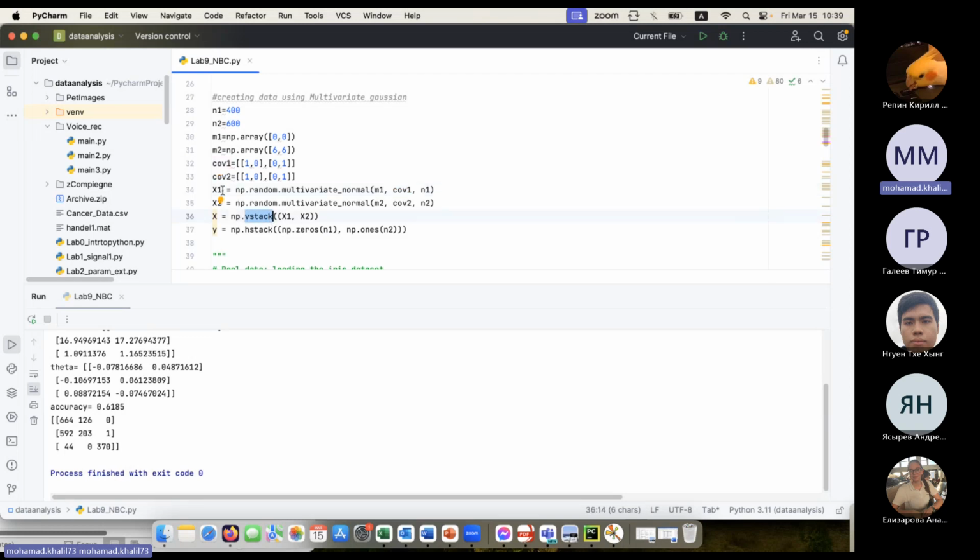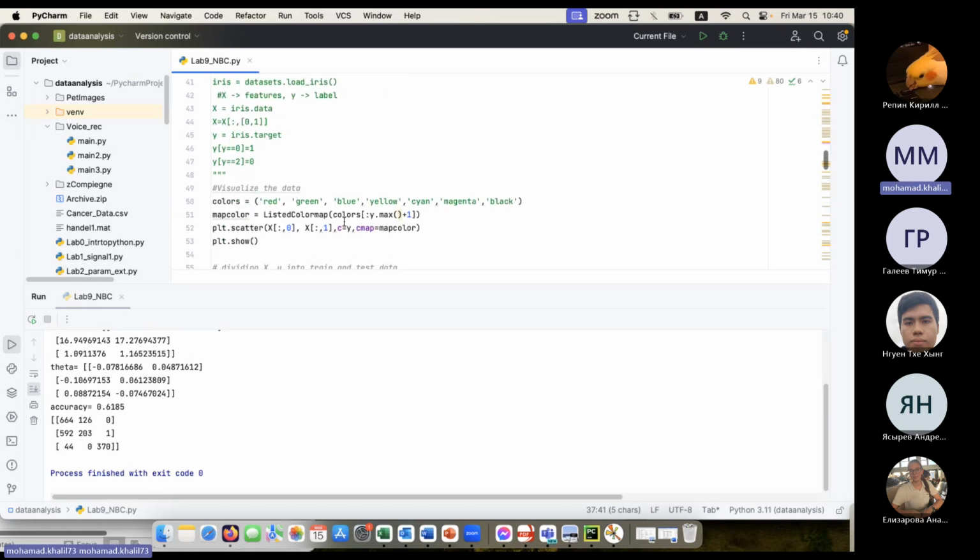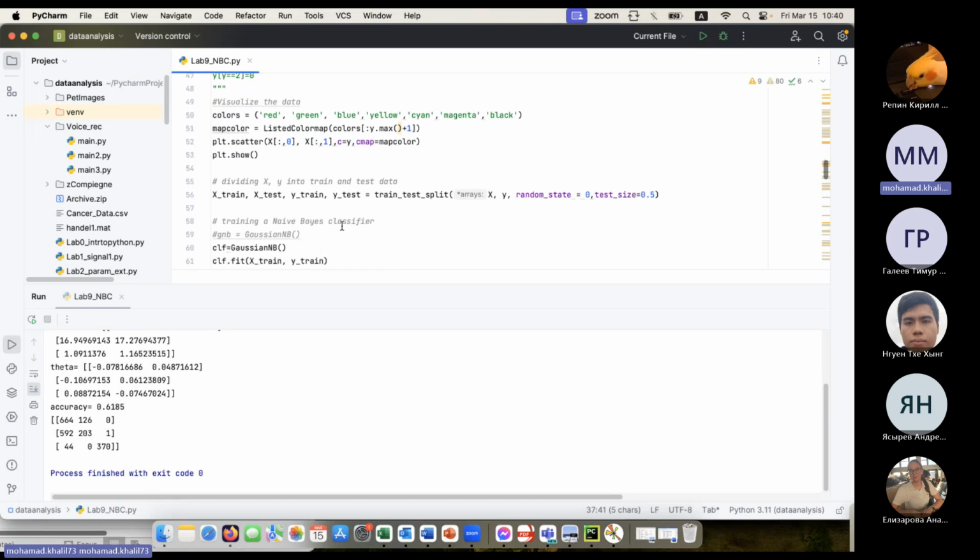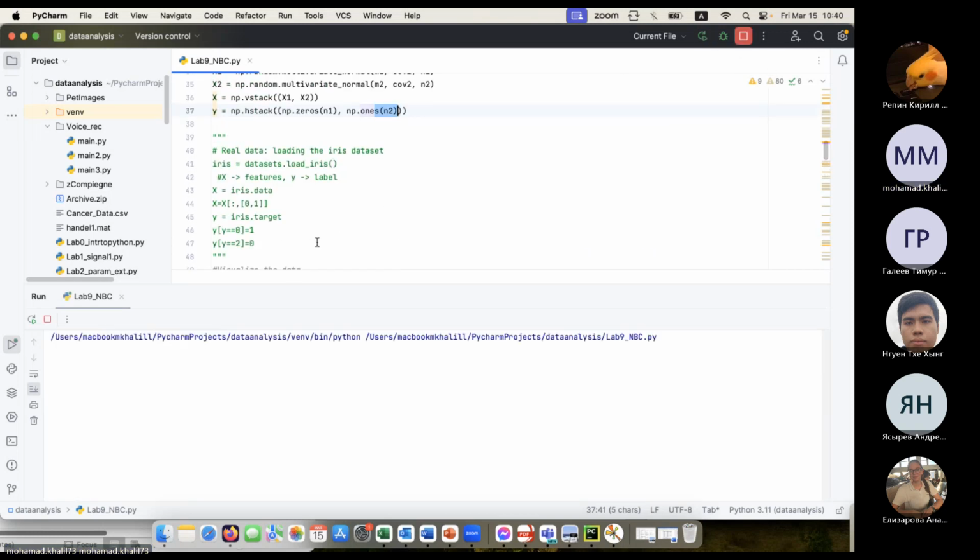That means I want to put x1 and x2 one under the other, and I want to make y equal np.vstack also, or hstack, no problem. Look, np.zeros n1 and np.ones n2. What does this mean? This means I put the first n1 points as zeros and the second points x2 as ones. So I create x and y. I want to plot the data and continue. Okay, run.